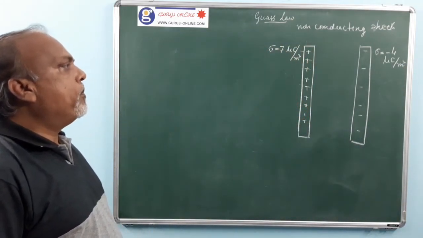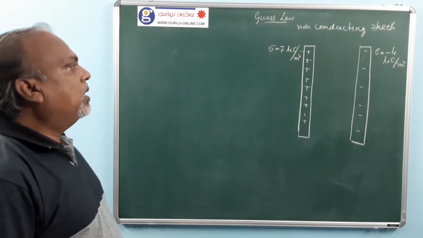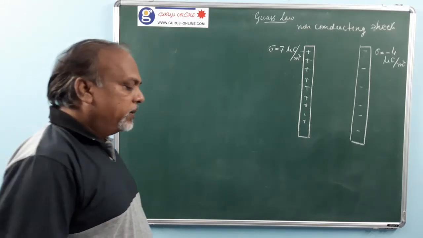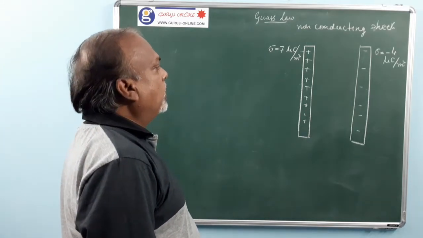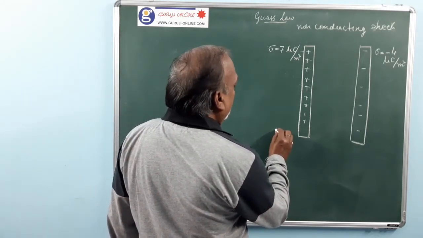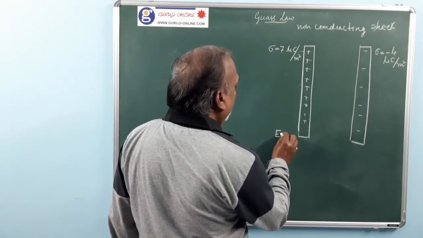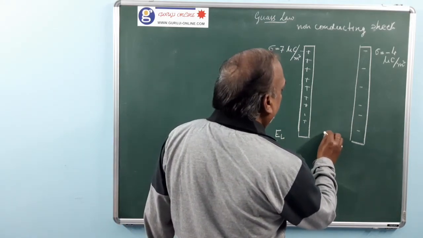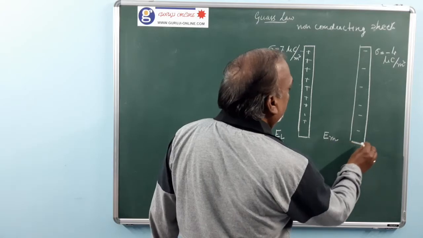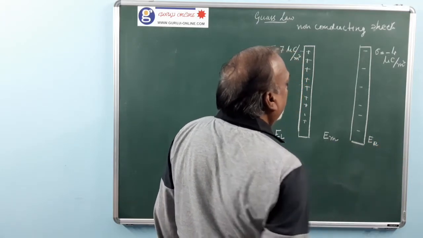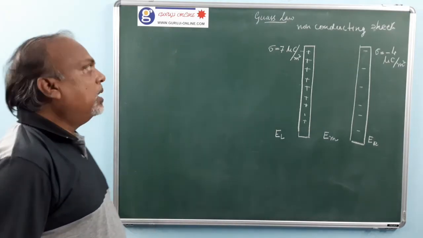This is the charge density on these two non-conducting sheets. So we have to find out the electric field at the left, electric field in the middle, and electric field in the right side of these plates.